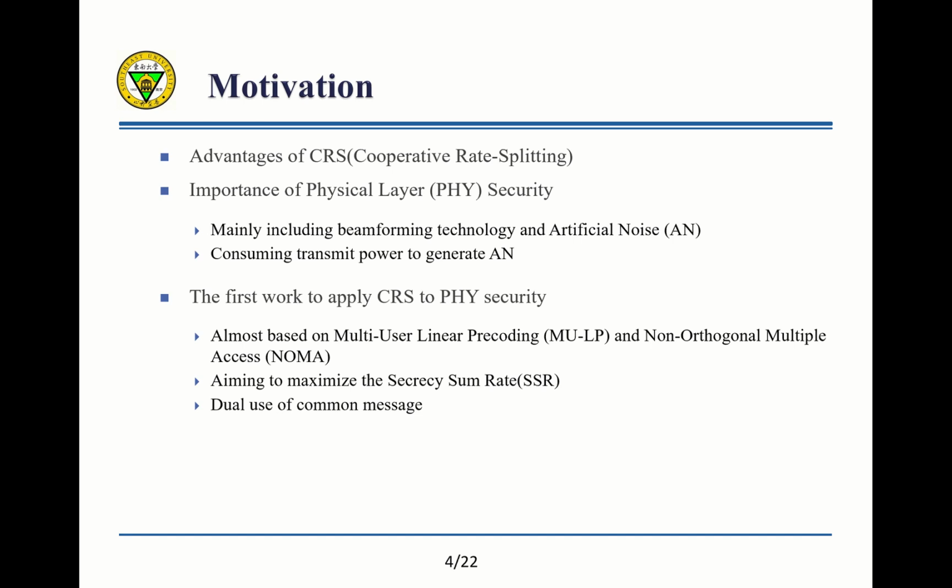In particular, the generation of artificial noise needs to spare part of the transmit power to ensure secure transmission. And most of the existing works on physical layer security are based on multi-user linear precoding and NOMA.